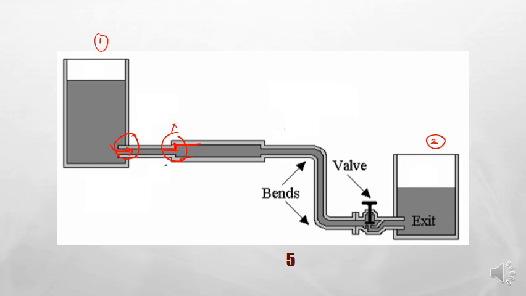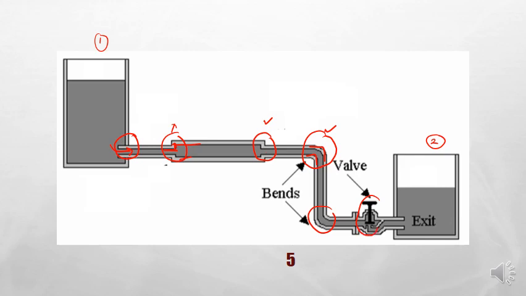And then here, from bigger to smaller, is also another loss, and we also have a bend here, like an elbow shape, so here could be a potential loss as well. We have two bends here, one and the second one, and then we also have valves.